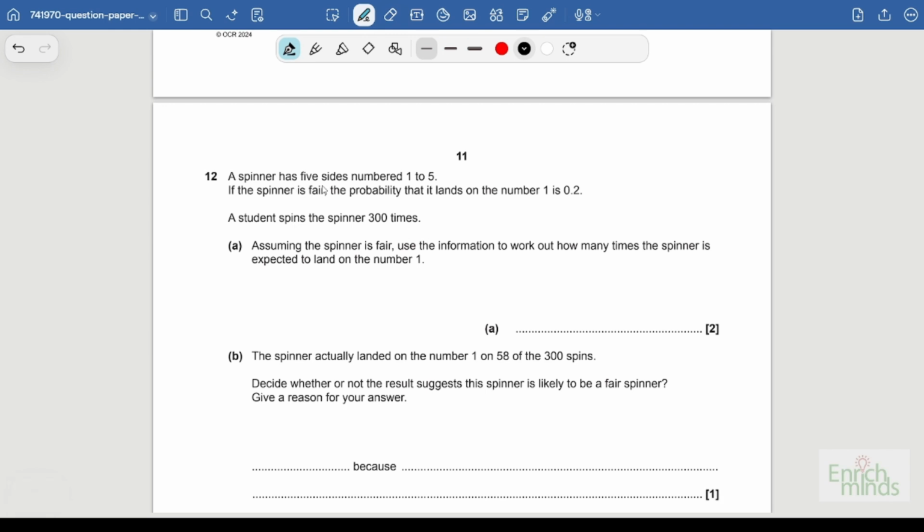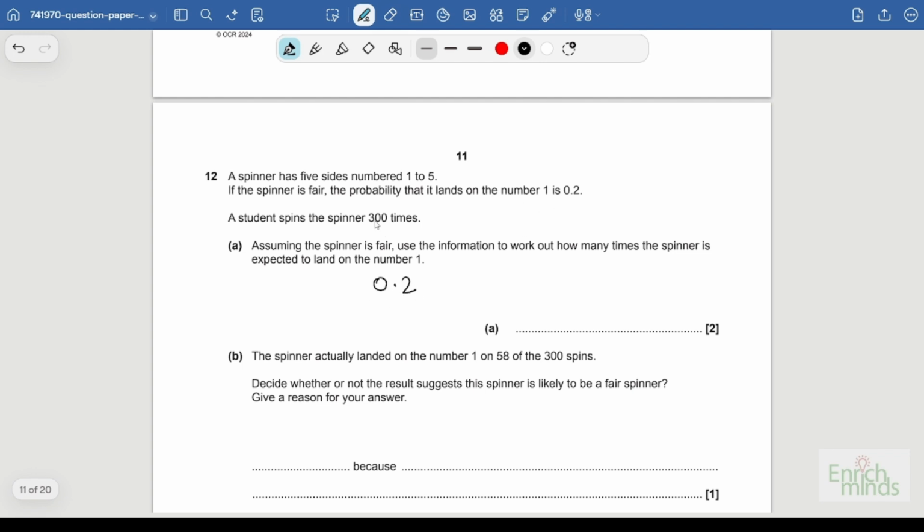A spinner has 5 sides numbered 1 to 5. If the spinner is fair, the probability that it lands on the number 1 is 0.2. A student spins the spinner 300 times. Assuming the spinner is fair, use the information to work out how many times the spinner is expected to land on the number 1. So, to land on number 1, the probability is 0.2.